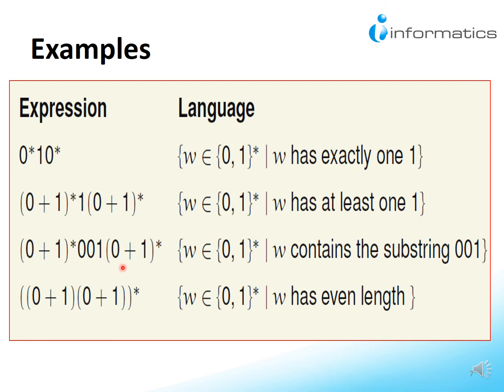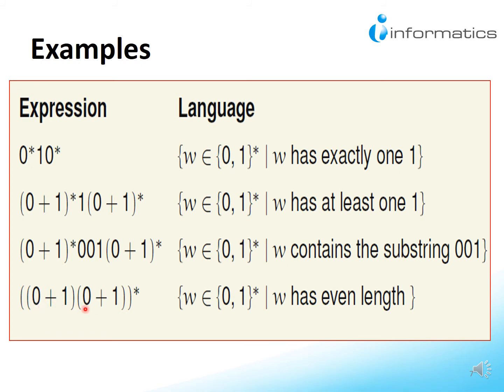This is a regular expression for a language that contains 001 as a substring. In front of 001 can be any number of 0s and 1s. And after 001, we can also have any number of 0s and 1s. This is the language 0 plus 1 concatenated together.